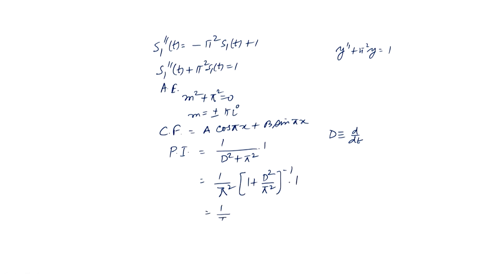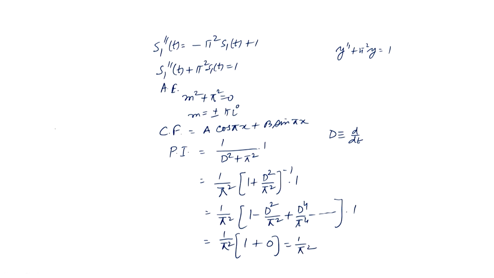We can write the infinite series expansion of this: 1 minus D square over pi square plus D 4 over pi 4 and so on, operating on 1, and D is the derivative with respect to t. So, 1 over pi square, 1 into 1 is 1, and all these derivatives, the second order derivative and the fourth order derivative, are zeros. So, we have 1 over pi square.